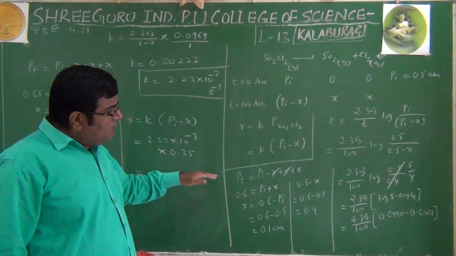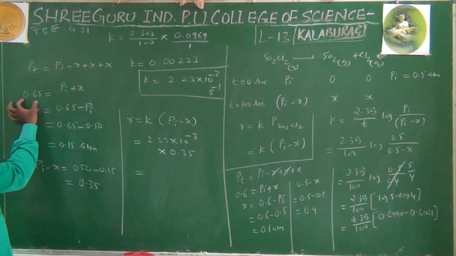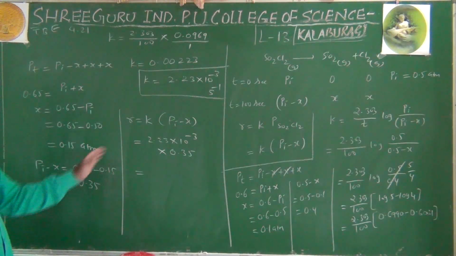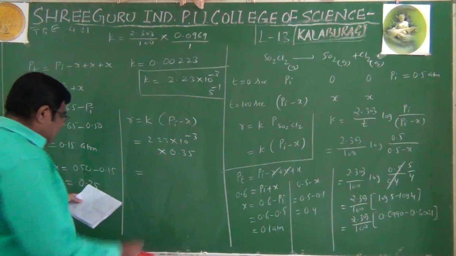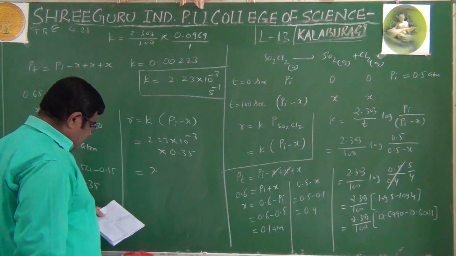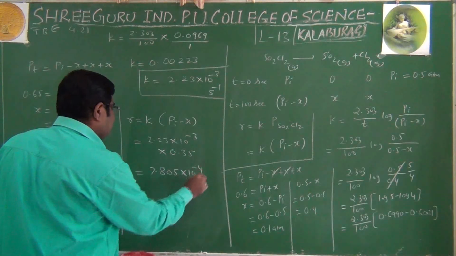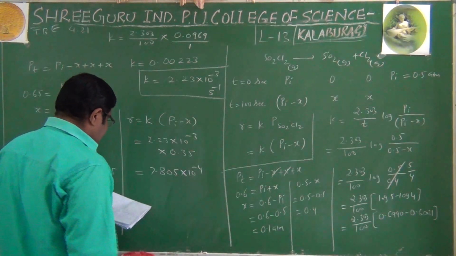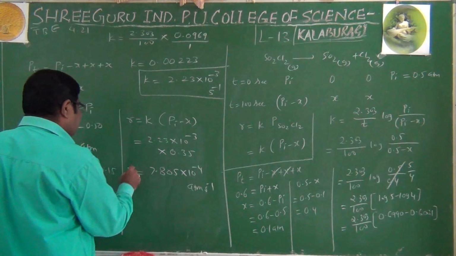And we have one more value of total pressure, 0.65. Using that I have calculated Pi minus x, which I am substituting here now, which equals 7.805 into 10 raised to minus 4, and I will write the unit now, atm per second, because it's the rate of reaction.